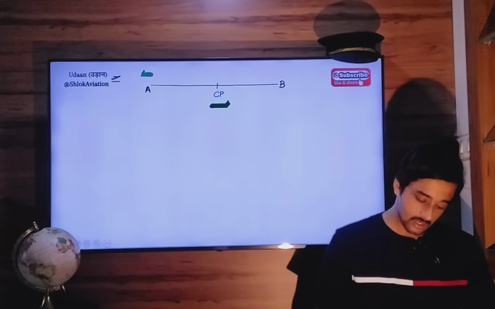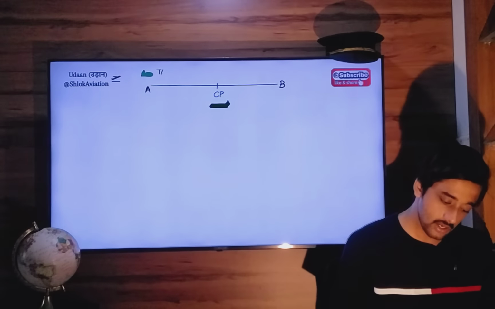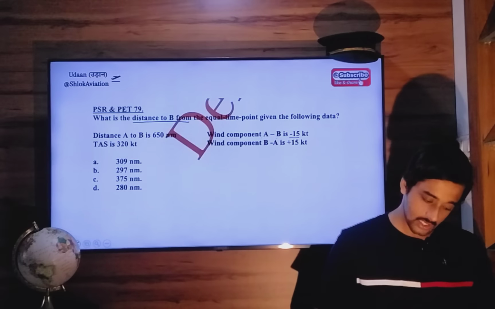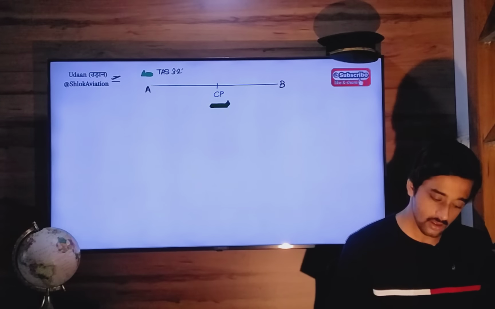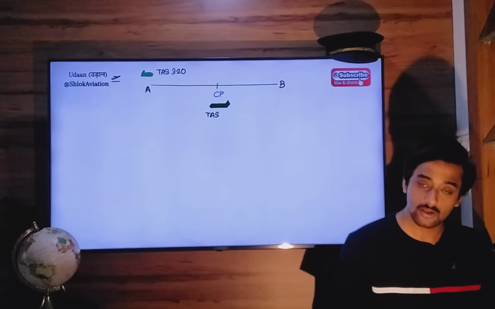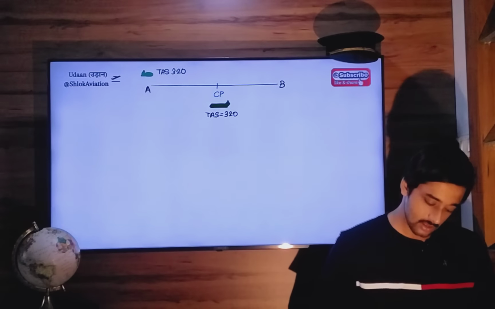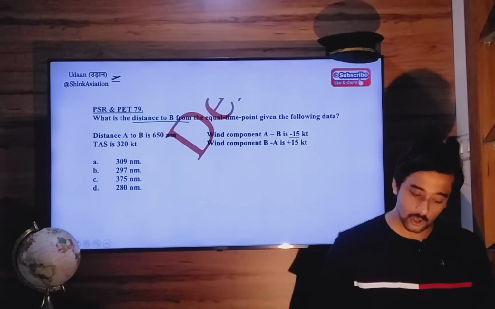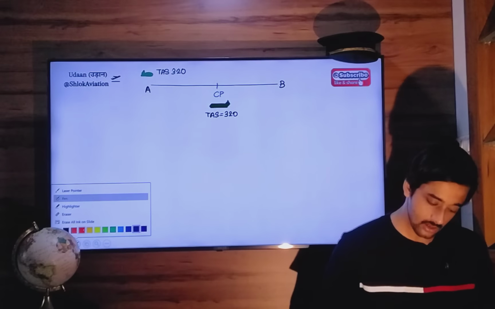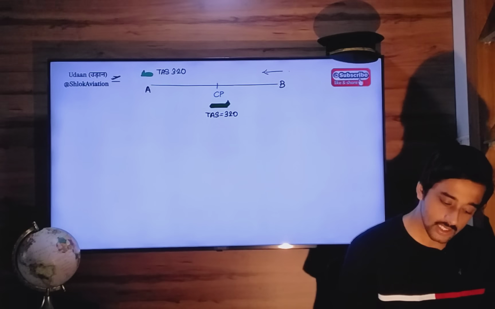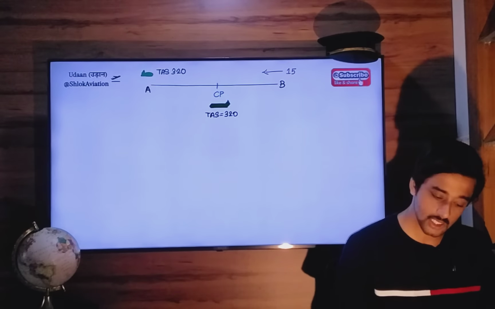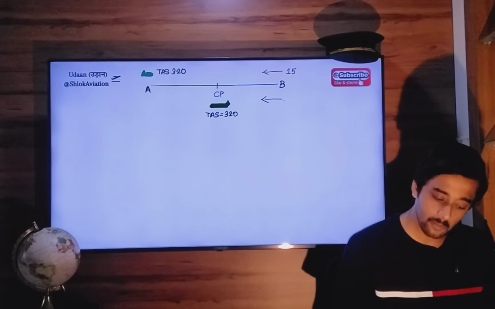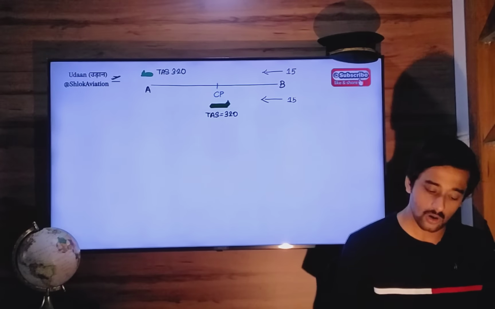Next, true airspeed of aircraft is 320. Wind component A to B on the outbound leg is a headwind of 15 knots. Wind component on the homebound leg is a tailwind of 15 knots.